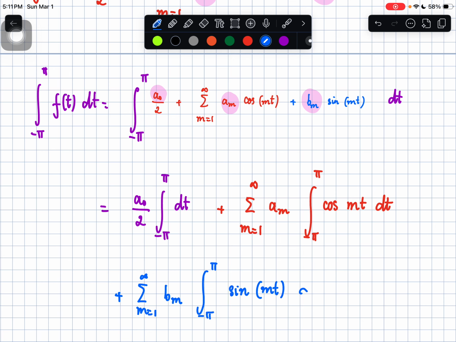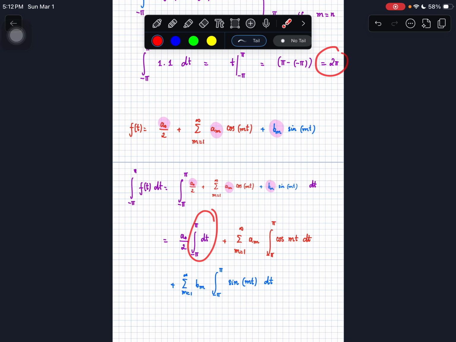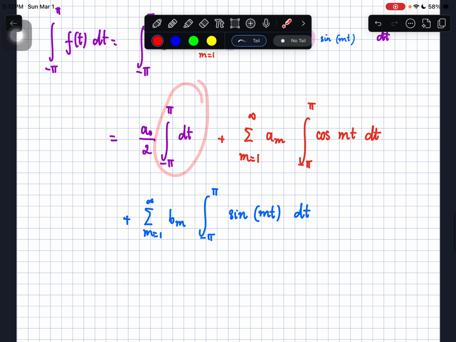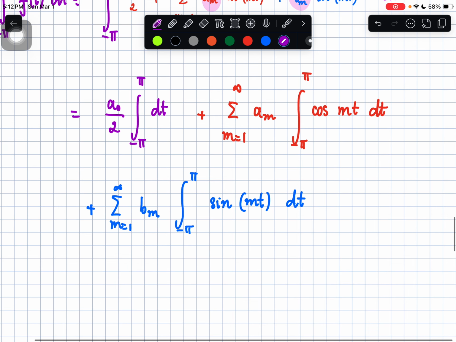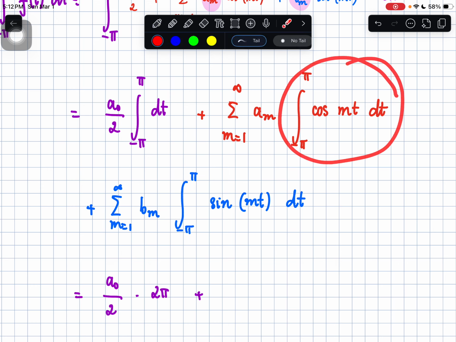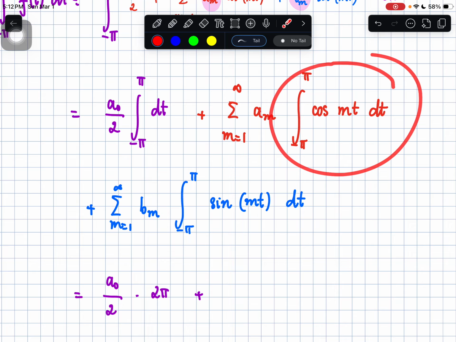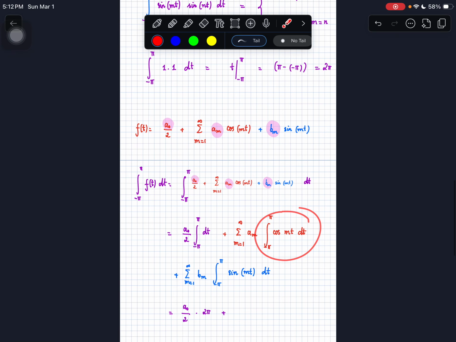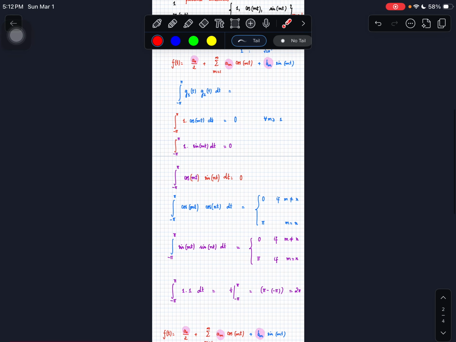Now this term will give us 2 pi as we just computed. So this one is a0 over 2 times 2 pi. These terms, as we said, this one will be 0. So this one is just the inner product between 1 and cosine mt. We wrote the formula right here.